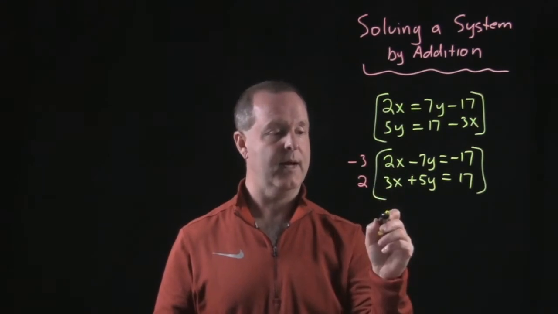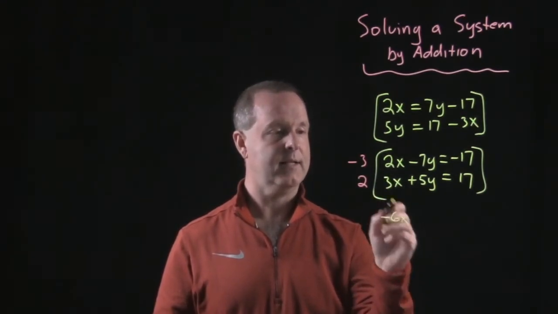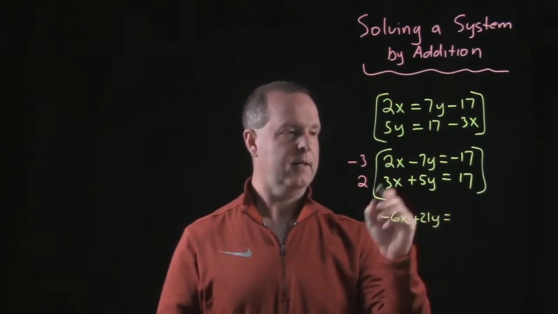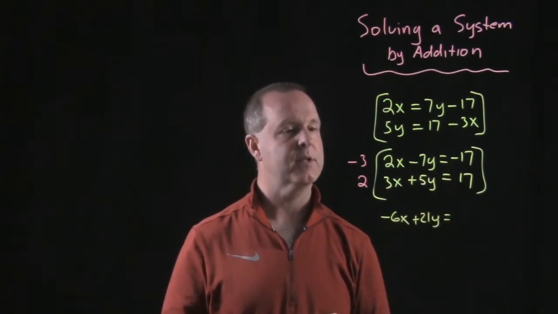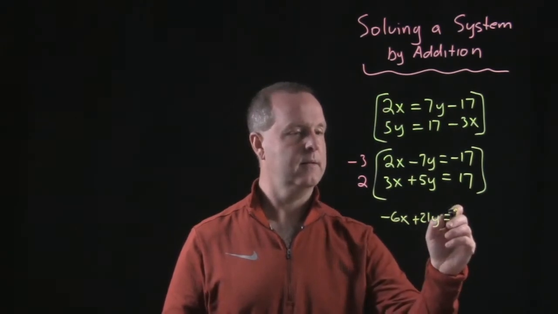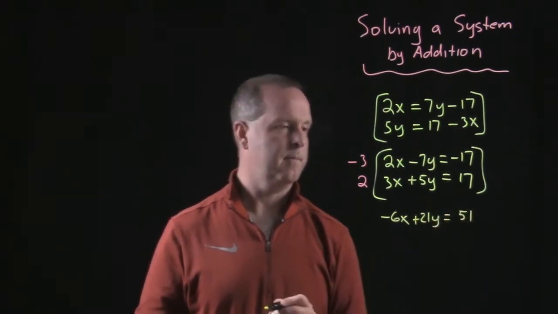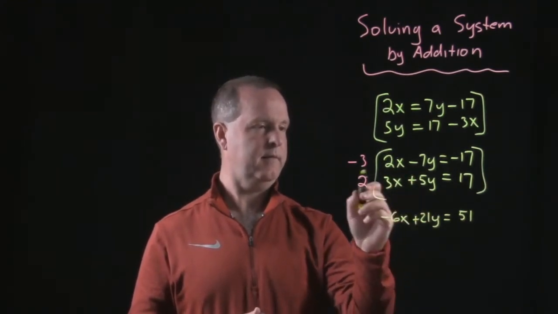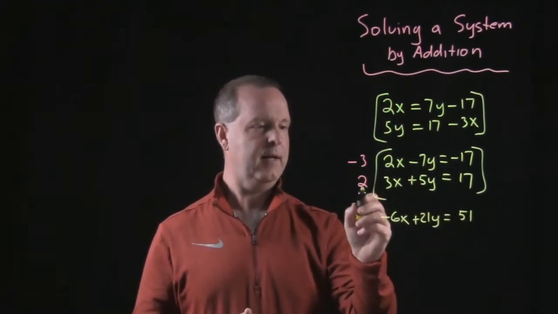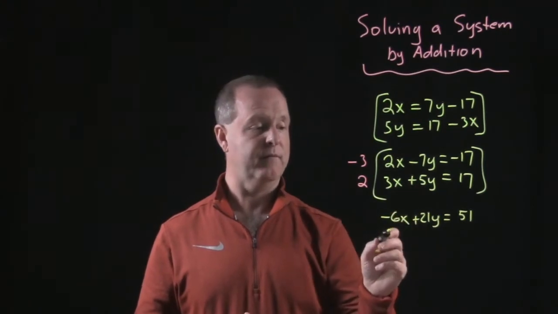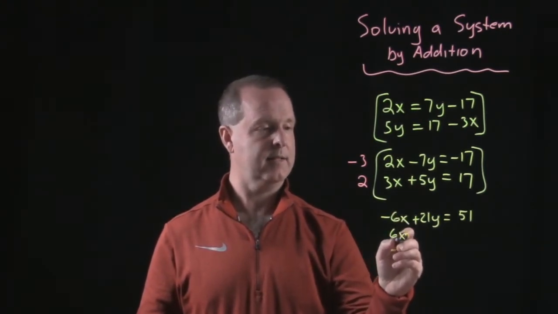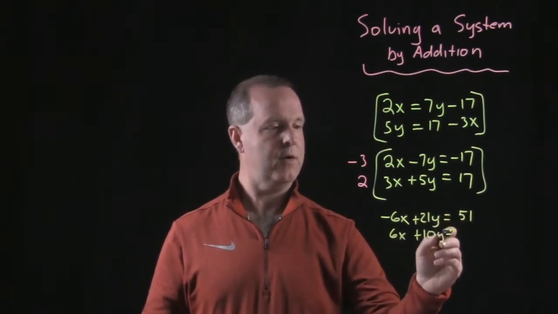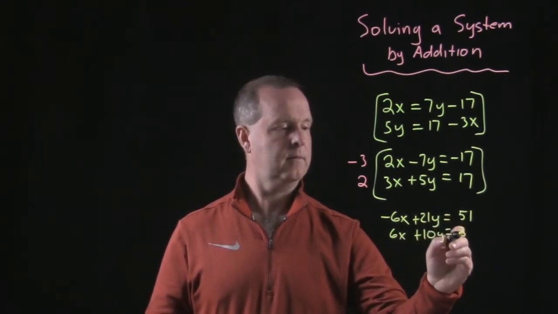Negative 3 times 2x gives me a negative 6x, plus 21y, equals 17 times 3, which is 51. Bottom line, I'm going to scale it by a factor of 2, so this becomes 6x plus 10y equals 34.